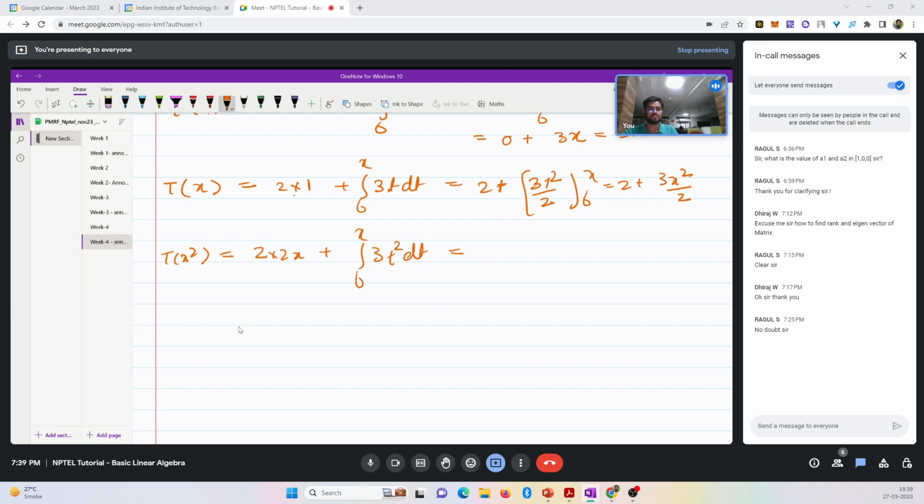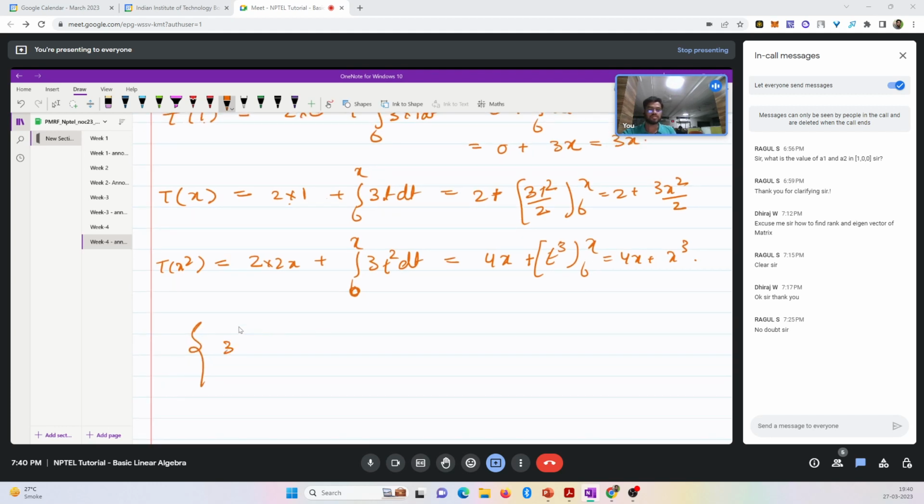This you obtain as 4x plus 3t cube by 3, which is t cube, from 0 to x, which is 4x plus x cube. So let's write it down clearly in terms of a vector: 3x, 2 plus 3x square by 2, and the last one we obtained is 4x plus x cube.